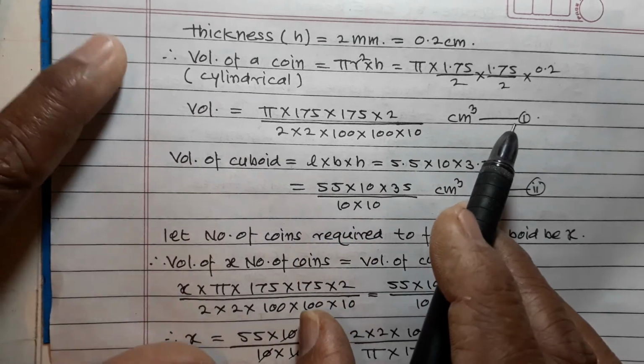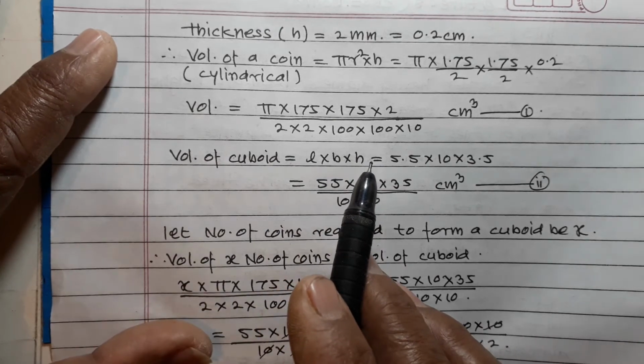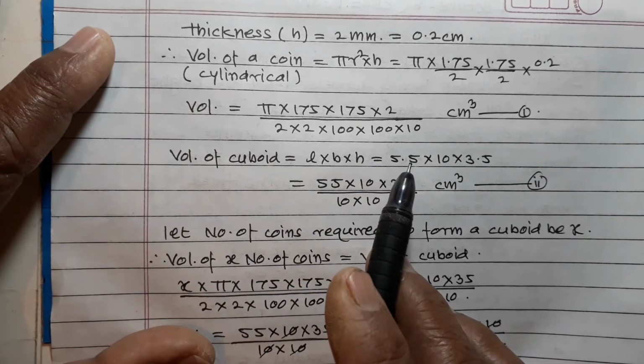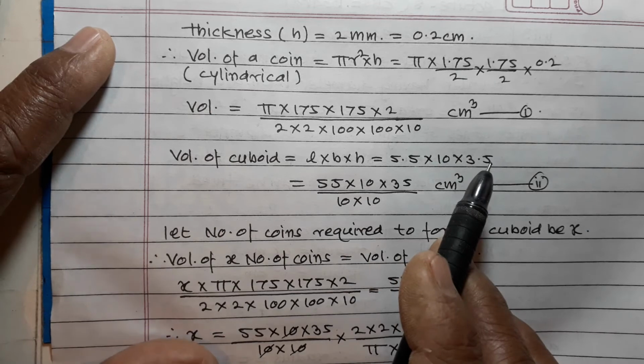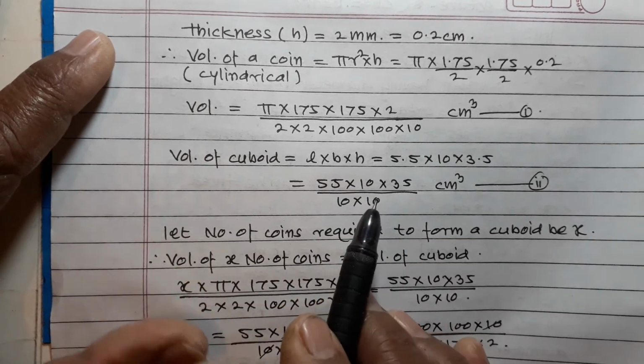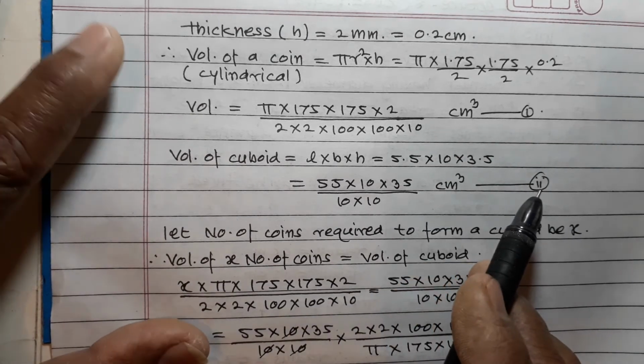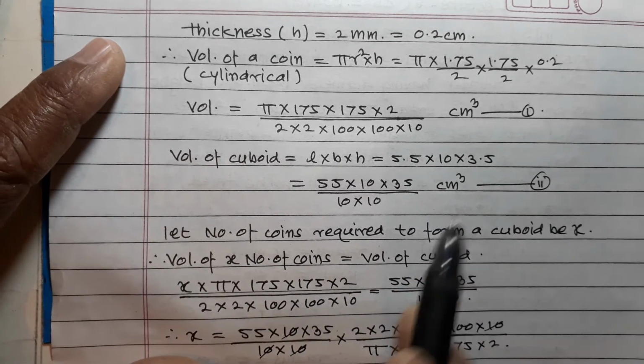Statement number 1. Volume of cuboid is equal to L into B into H. So 5.5 into 10 into 3.5 is equal to 55 into 10 into 35 upon 10 into 10 cm cube. Statement number 2.